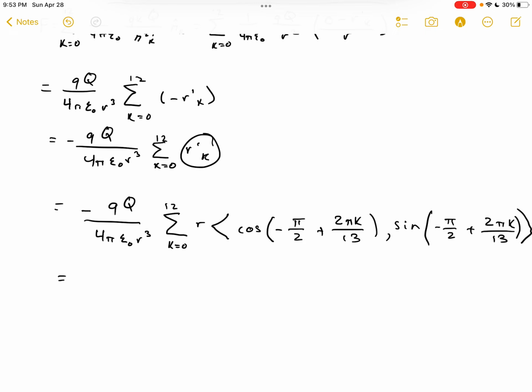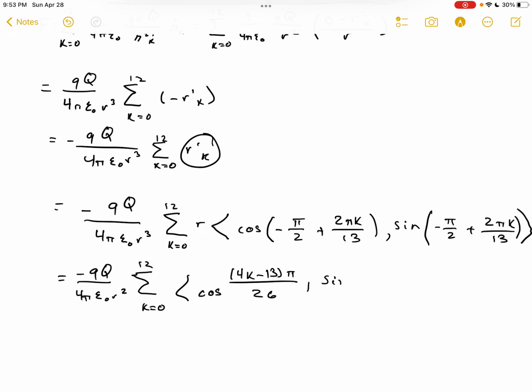And that can be further simplified to negative q over 4 pi epsilon naught r squared, sum from k equals 0 to 12, cosine of (4k minus 13) pi over 26, and sine of (4k minus 13) pi over 26.